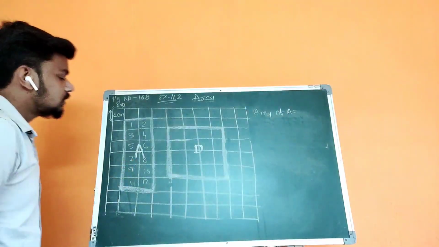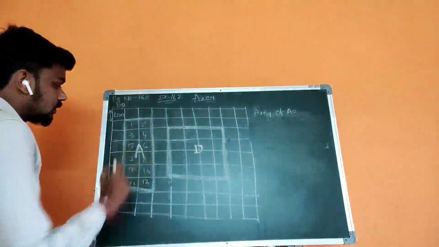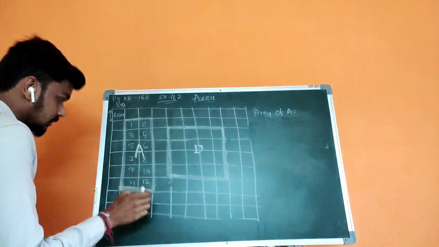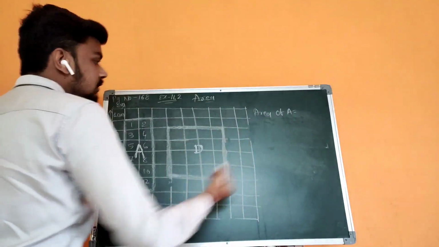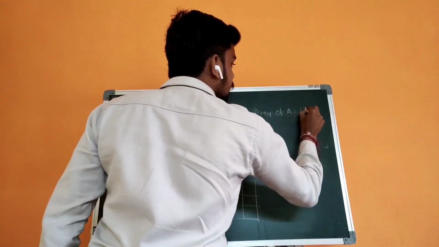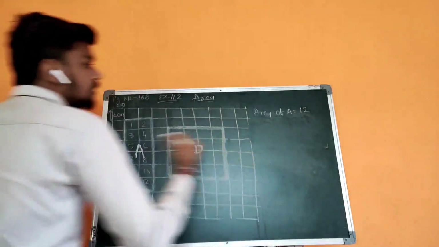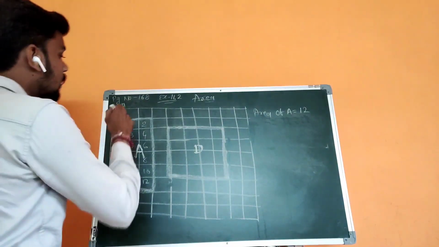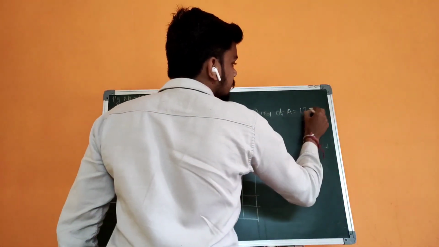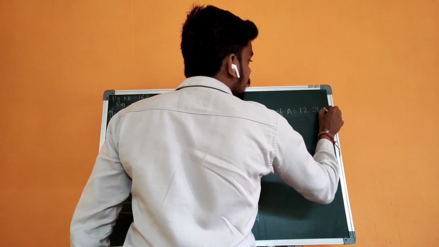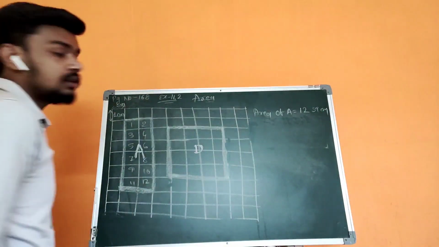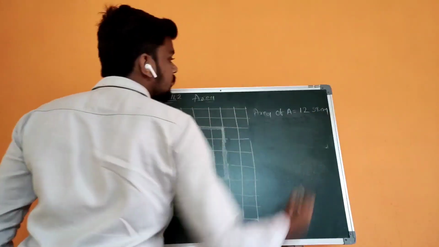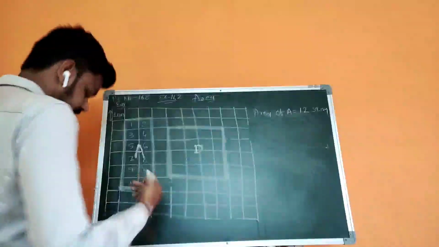So 12 units are there, and the area of A is 12. The unit of the area: right now this square grid is 1 by 1 centimeter. So the area of A is 12 square centimeter. Understood? SQ means square.